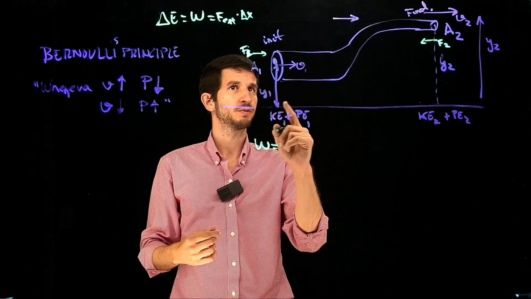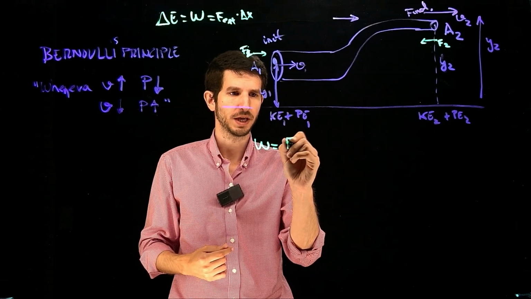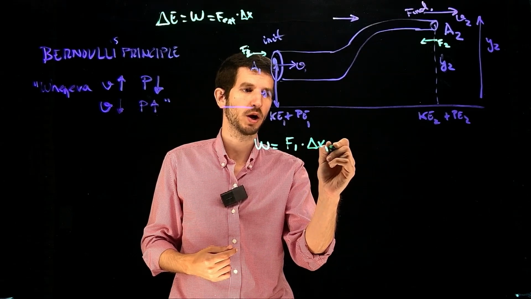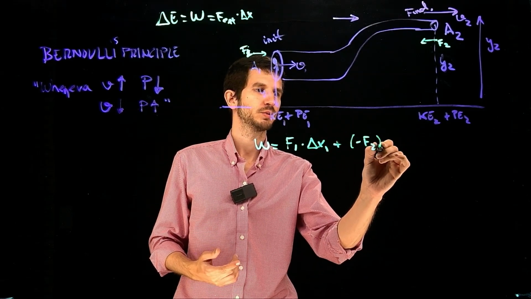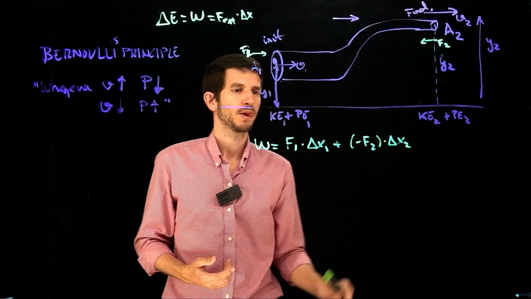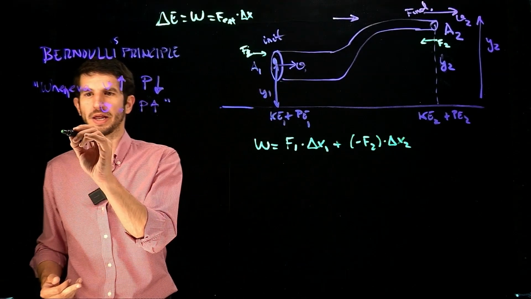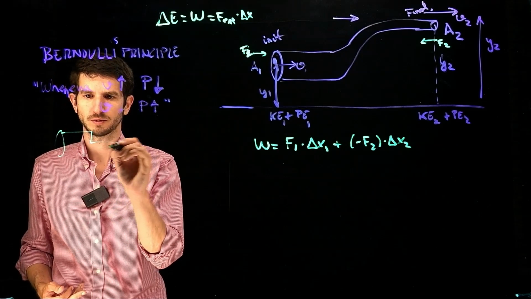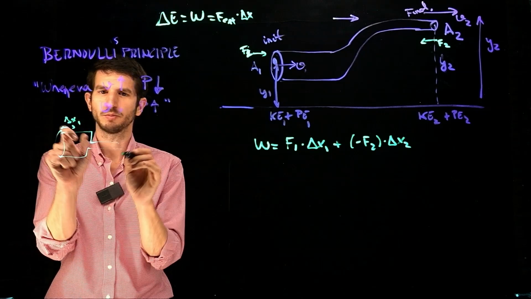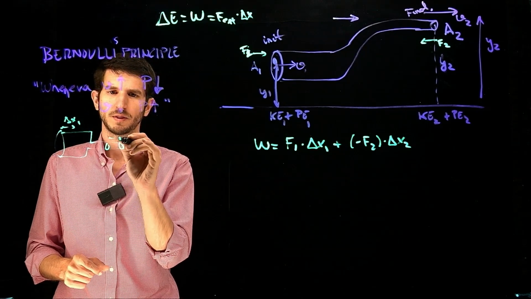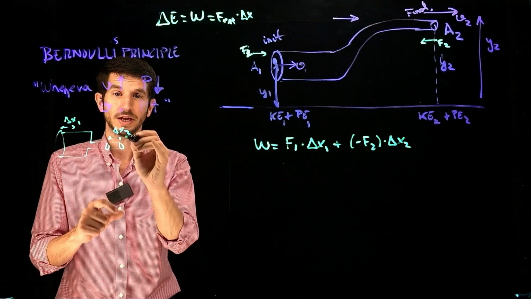So we're going to observe that this is going to be F1 delta x1 plus, let's say, minus F2 delta x2. But we can go back to the analogy that we made before and say, how much is the delta x1 moved in here? And this is the delta x2 moved in there.